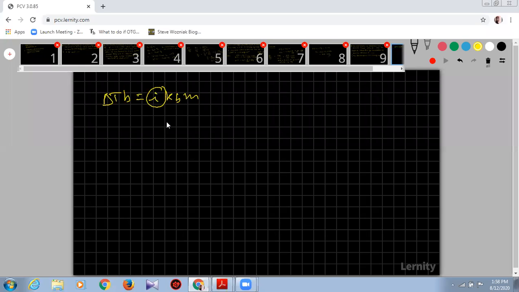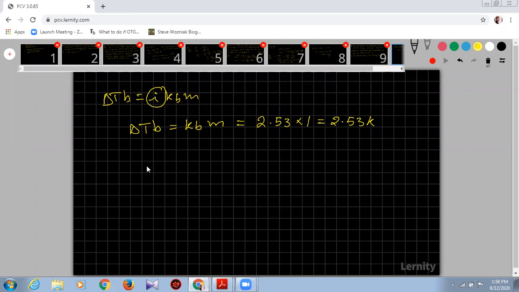So generally delta TB is equal to Kb into m. What is my Kb value? 2.53 was given. And molality, 1 molar solution, that's why 1 molal. This is 2.53 Kelvin.